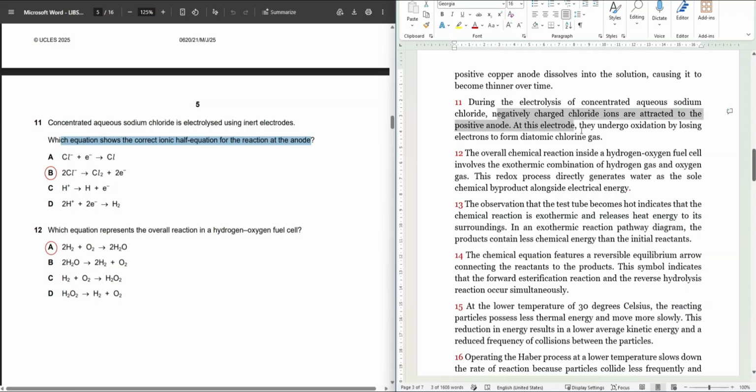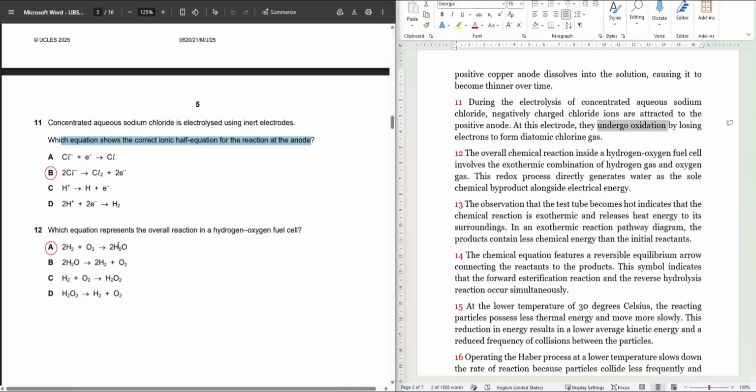At this electrode, they undergo oxidation by losing electrons to form diatomic chlorine gas. All these concepts of oxidation and the others described before are discussed in detail in our videos where we have explained each and every chapter of chemistry. So you can go back to those videos and refer to them in case any concept is missing.